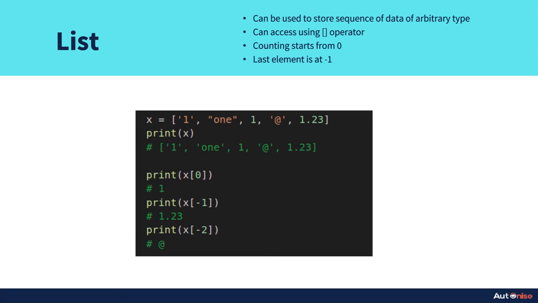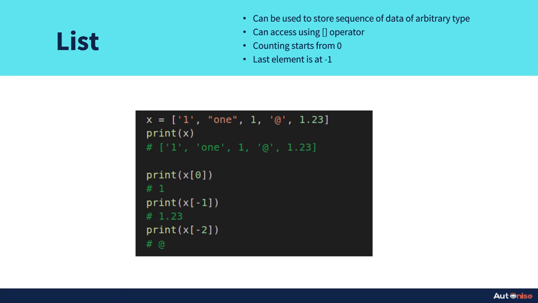The list can be of infinite length in theory. So you can put as many elements as you want inside the list this way. And when you print the list, you can directly call the name of the variable where the list was stored, and you'll get the list printed.